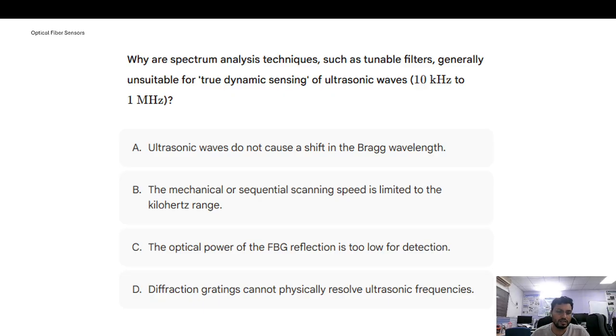And option D, diffraction grating cannot physically resolve ultrasonic frequencies. What could be the answer here? B and D.